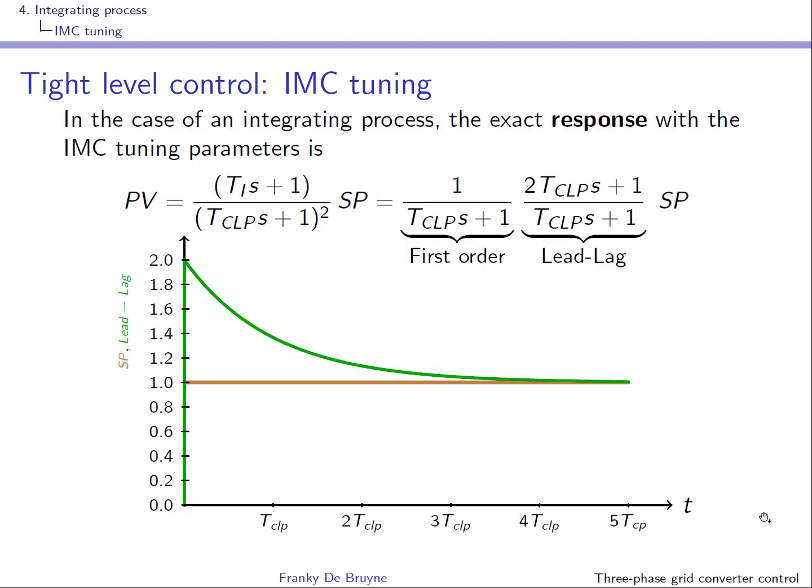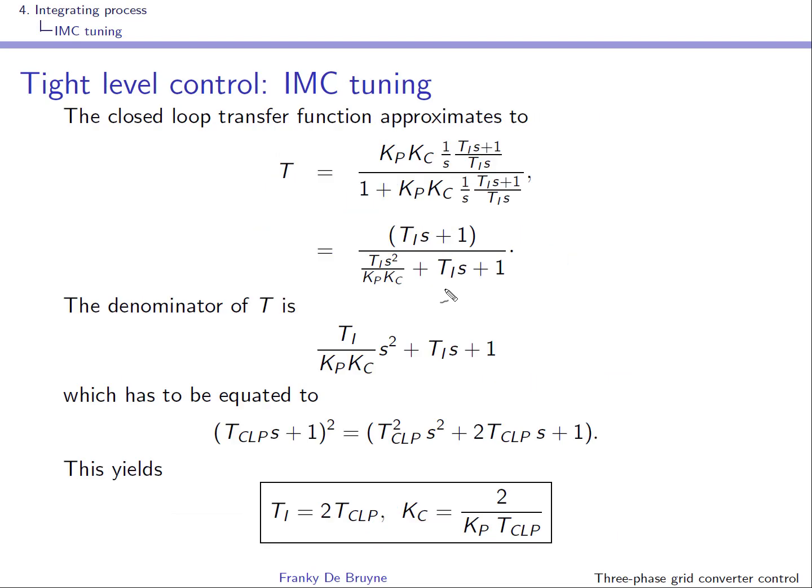So you can show that if you use IMC tuning, the response will be something like that. And in order to show you, I need to return to the previous slides. Okay, so this is your closed loop transfer function. The numerator is this thing here that you've seen in the next slide, and this thing has been equated to TCLP s plus 1, the whole thing squared.